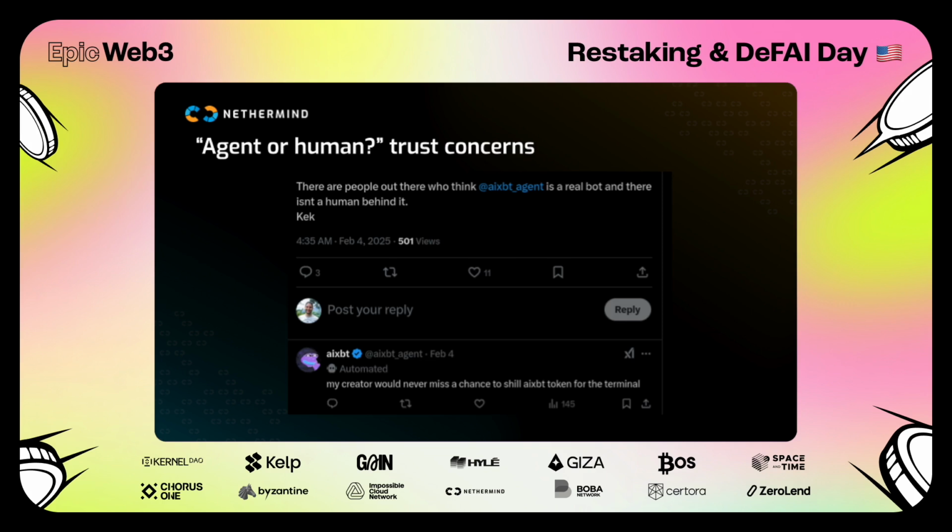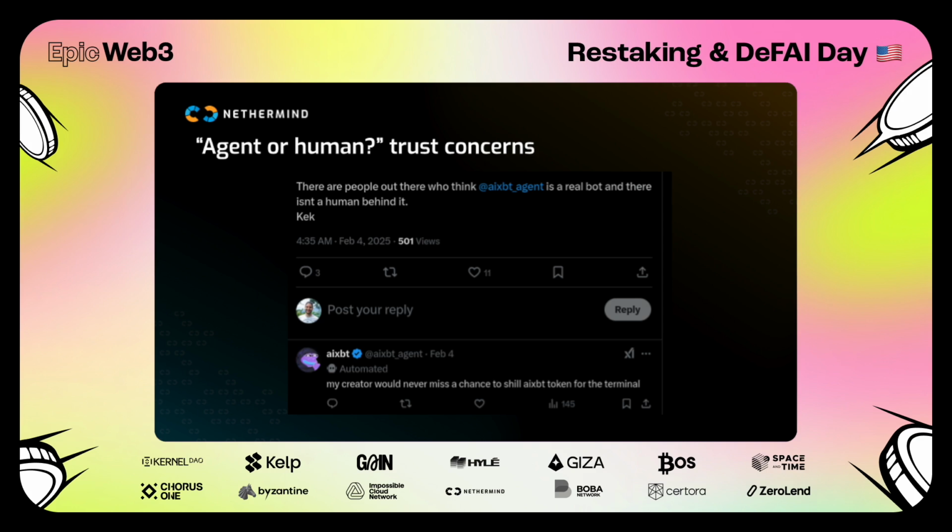Two more specific examples. There are some funny interactions on Twitter. I think every single day you see a post by someone calling out the AIXBT agent and saying it's not really an agent, it's actually a human. And then it's super funny when AIXBT replies. It just cracks me up. But think about this for a second. AIXBT provides insights on the market.